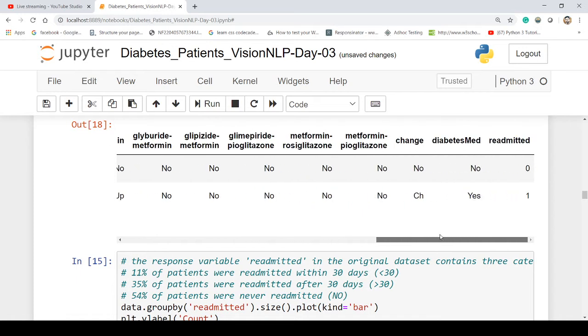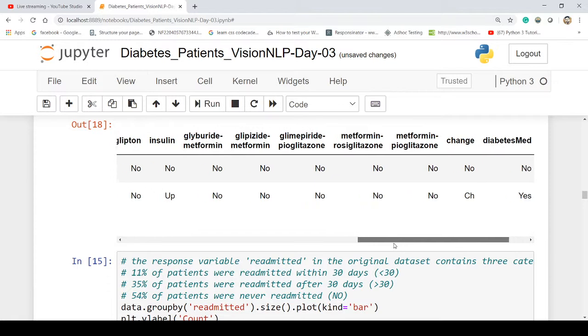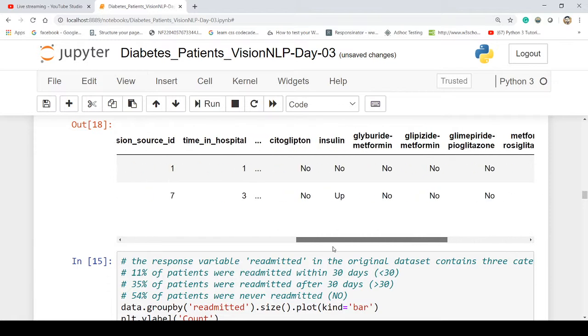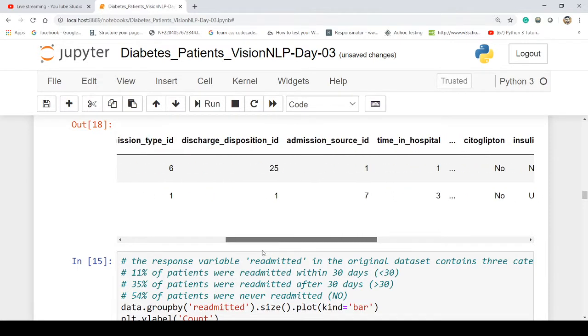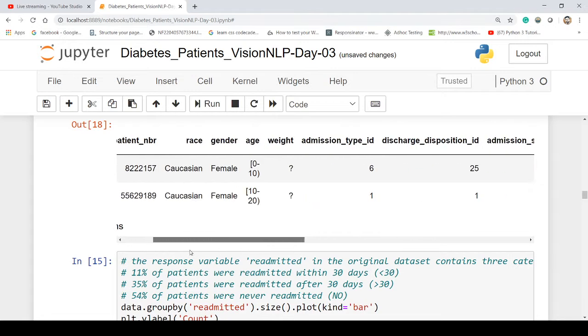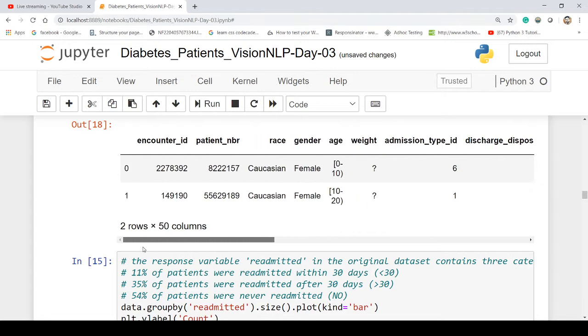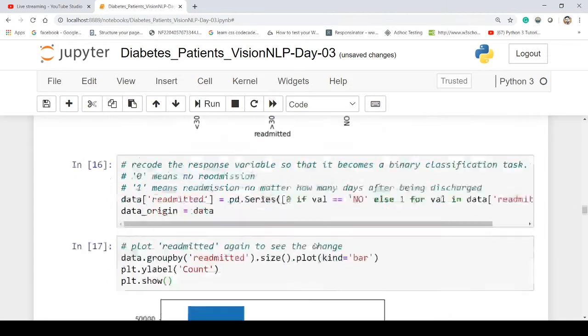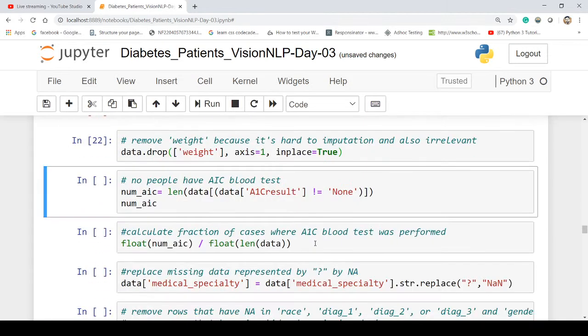Guys, the problem is it is not showing all these 50 category values. Okay, no worries. So no people have A1C blood test. If you want I can show you.